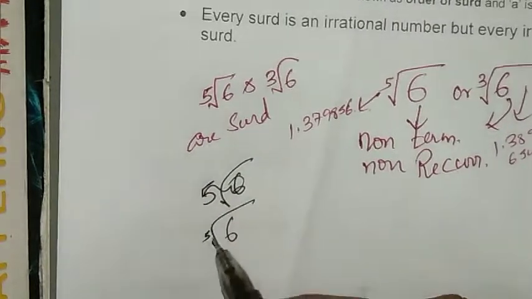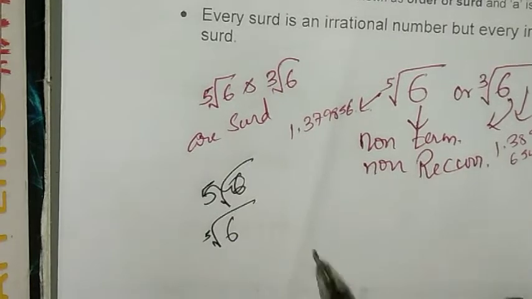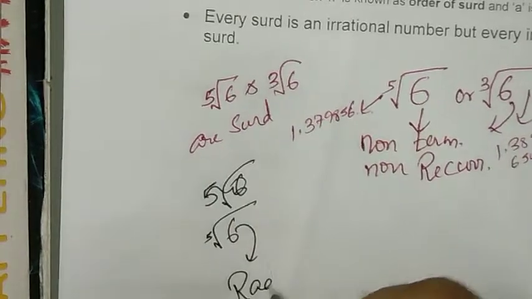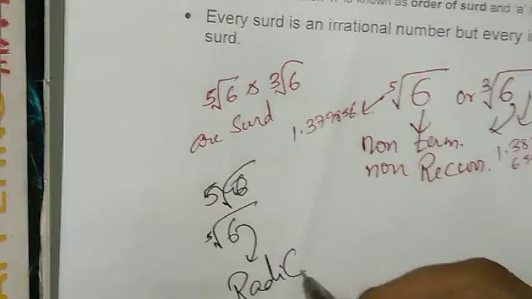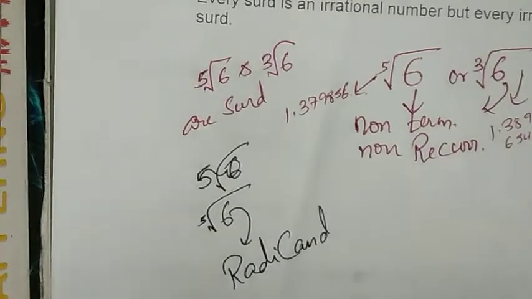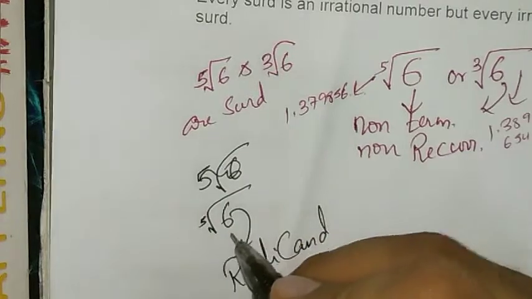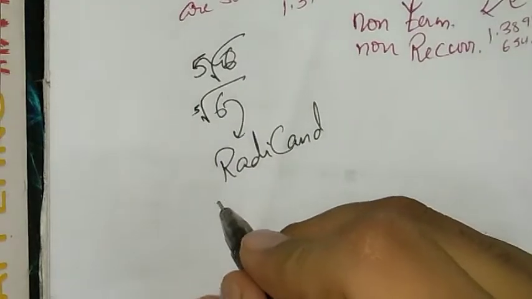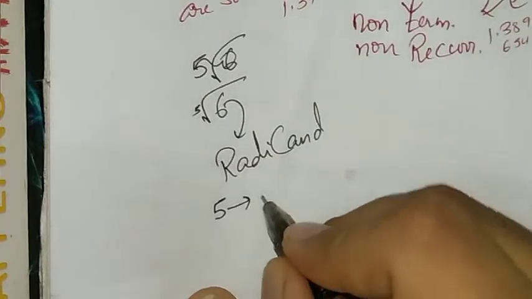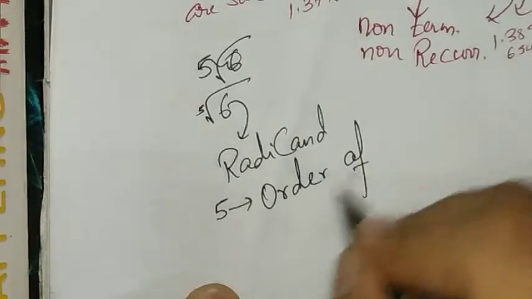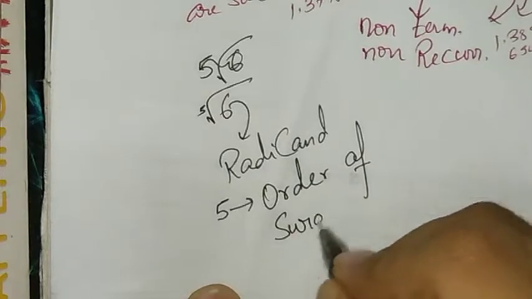So for the fifth root of 6, this value 6 is called the radicand, and this 5 here is called the order of the surd.